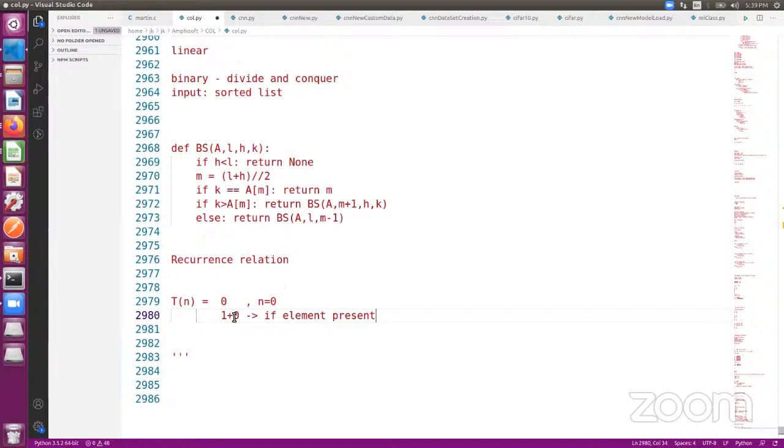So even if the element is not present, it is 1 plus 0 only: 1 for this calculation and 0 for going to the next step and returning none.